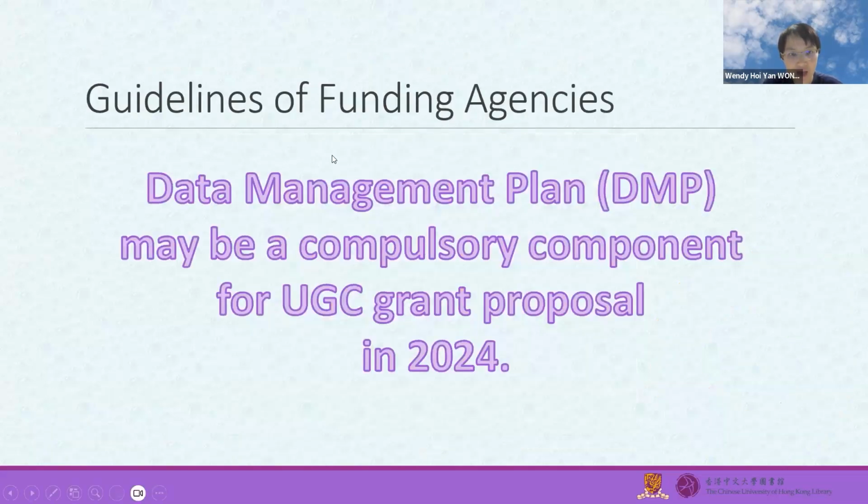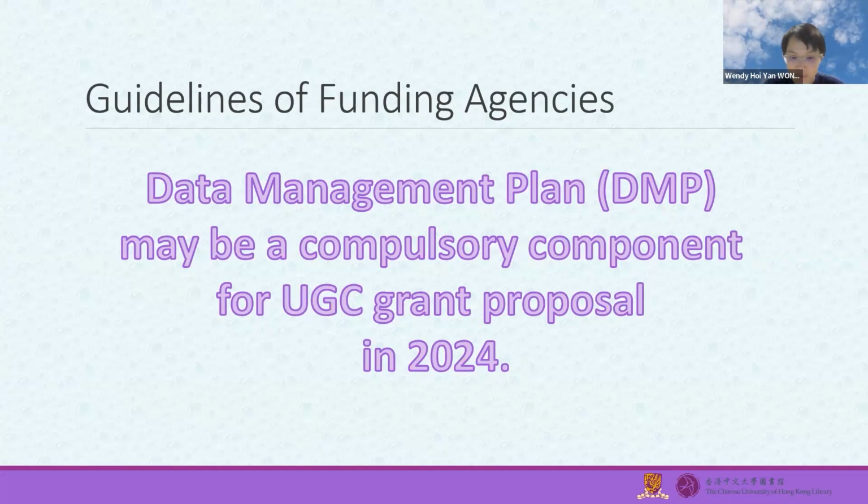And from the funding agencies in Hong Kong, UGC, there is great discussion of having a data management plan in grant proposals. It's not yet a compulsory component in this year's grant proposal application, but it may be compulsory next year, because UGC has already provided RDM training to the universities in the first half of this year.